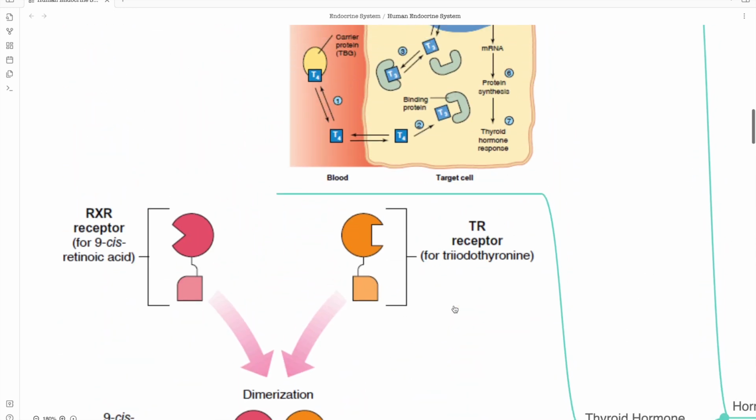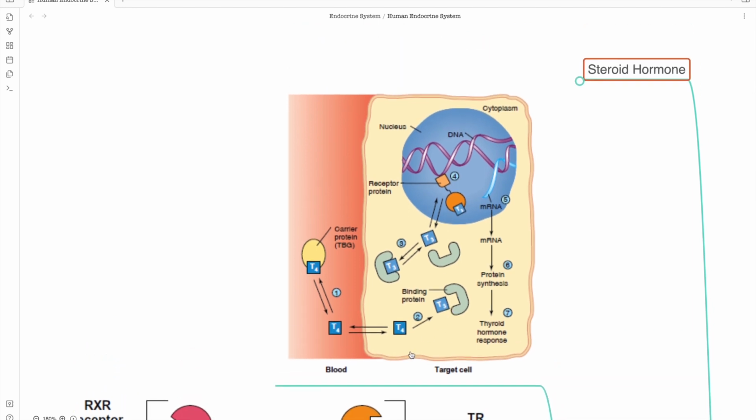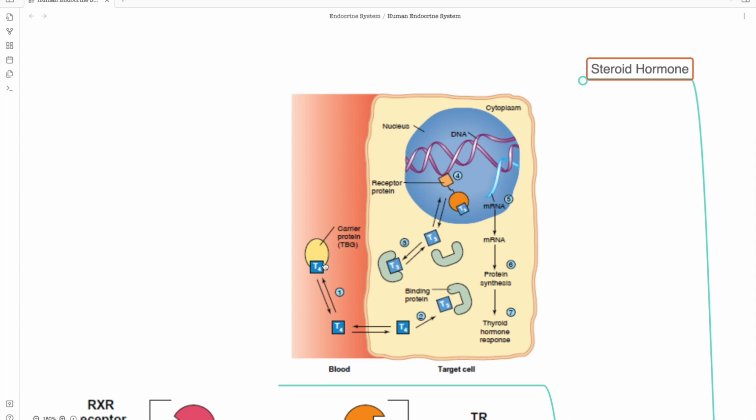So now let's see how this T3 receptor or thyroid hormone receptor works. See, when the thyroid hormone is present in the blood, they are present as tetraiodothyronine or T4 and they are associated with the carrier protein. Now in the close vicinity of the target cell, the carrier protein and T4 complex is dissociated and T4 gets released.